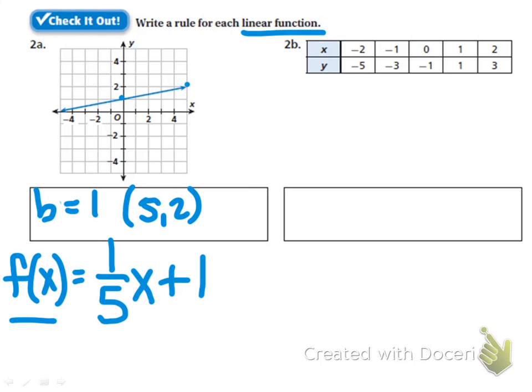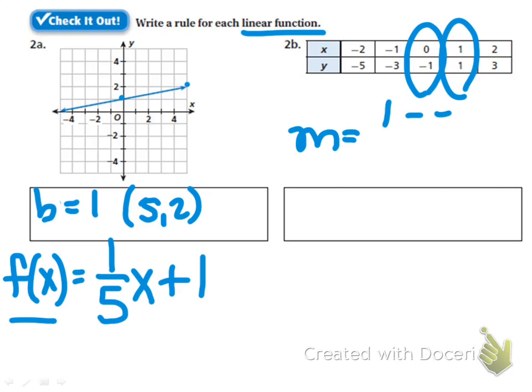Okay, let's do the next one. I'm choosing the point 0, -1, and 1, 1. I always choose the points that are closest to 0 because that's the easiest to calculate. Remember, we work smarter, not harder. Okay, so I'm going to find my slope. So I do y2 minus y1 over x2 minus x1.